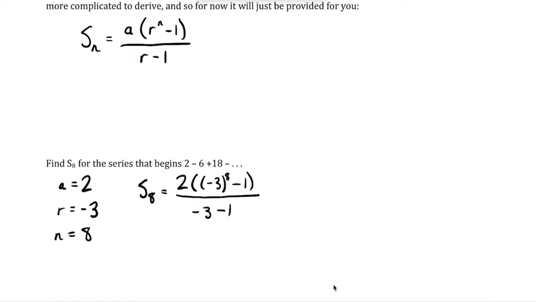And I'm going to highly suggest that everybody pause the video right here and actually type this into your calculator yourself. It's not hard to use the formula, but people do make mistakes when it comes to typing it into your calculator. I'm going to type it into my own calculator right now. So double check that you've typed it in correctly.